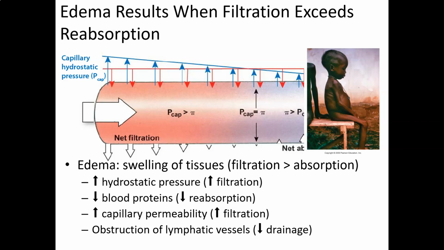Well, when you're malnourished, you don't have nearly as much protein within your hepatic portal vein. So you don't pull that fluid back and it accumulates. And it's a disease called ascites. You don't have to know that for the exam, but just as an example, that's pretty common. So it's an example of the decrease in blood proteins.